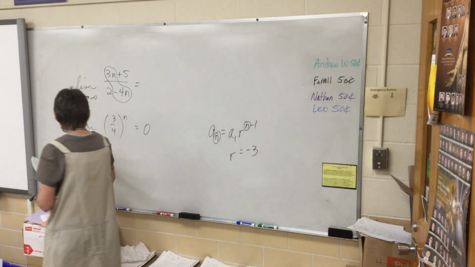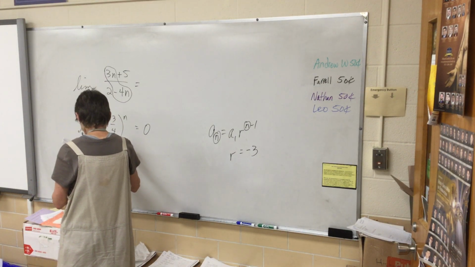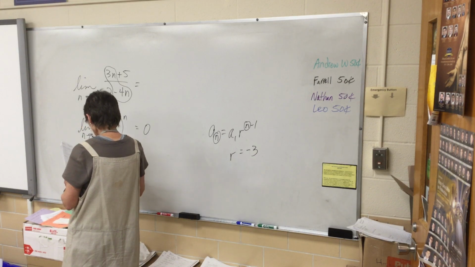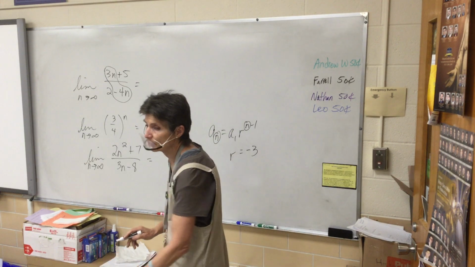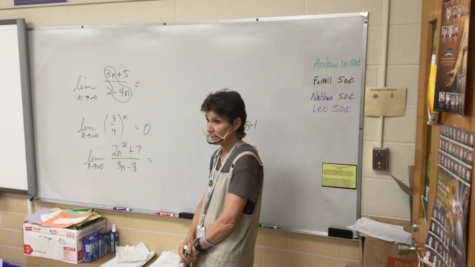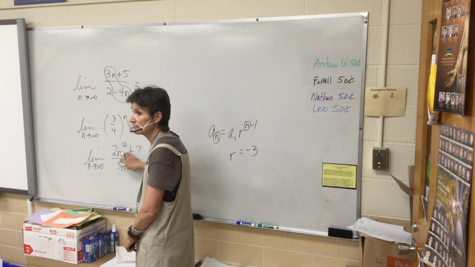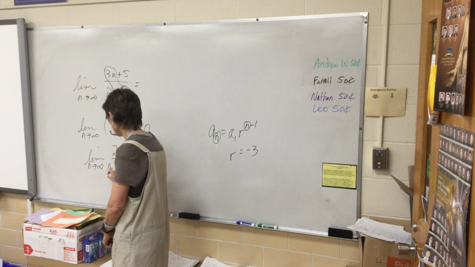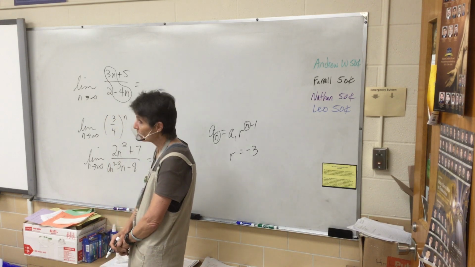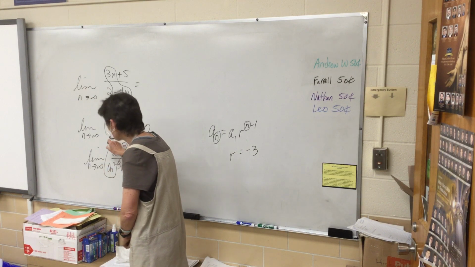Okay, and then the last one. We need to look at the highest power. What's the highest power we have in the problem? N squared. So on top, I have 2n squared. On the bottom, there aren't any n squareds, so I'm going to put 0 of them down there so that I can draw my box.